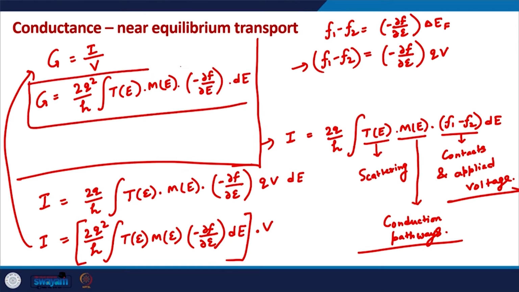So this turns out to be the conductance of the channel, of the device, and this is true for the ballistic case as well as for the diffusive transport case.